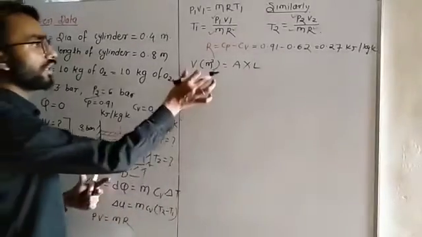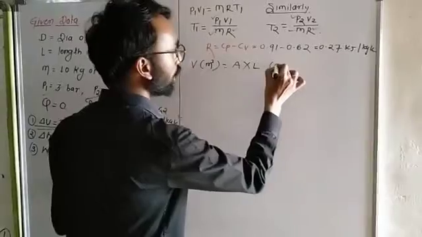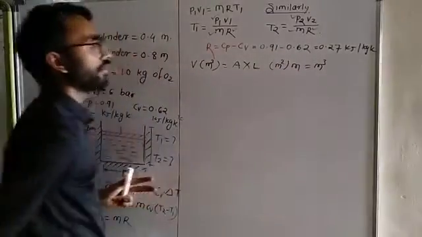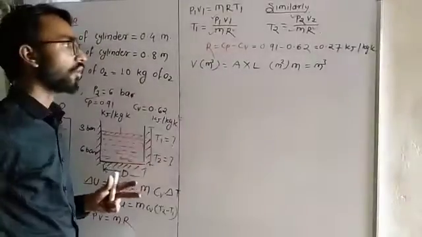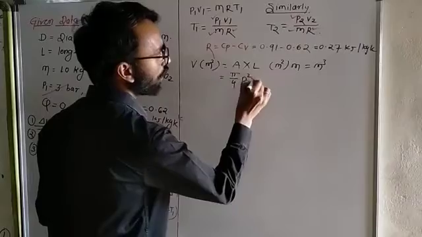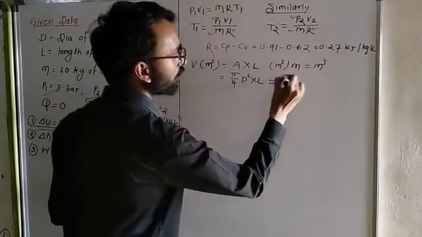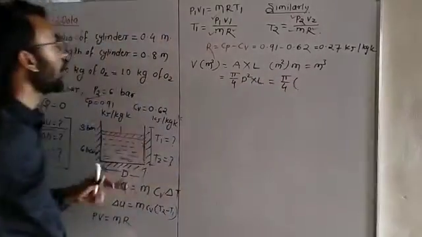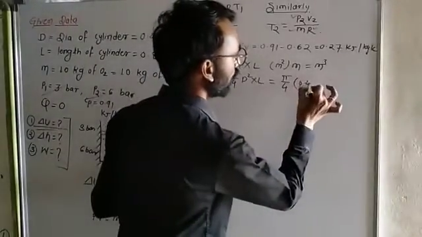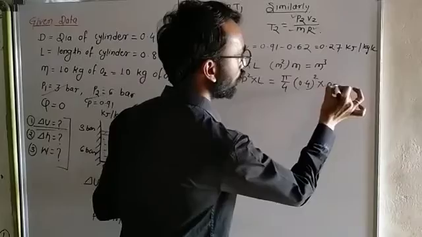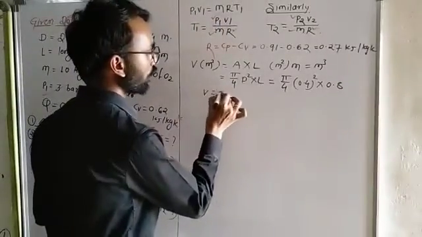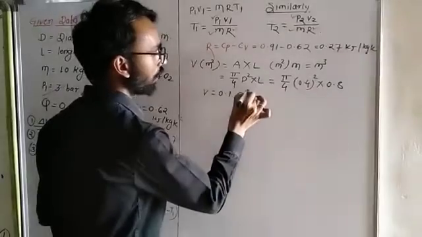Volume is equal to area into length, meter square times meter, which is meter cube. Area is pi upon 4 d square, into length. D is 0.4, squared, into length of the cylinder 0.8. The volume is equal to 0.1 meter cube.